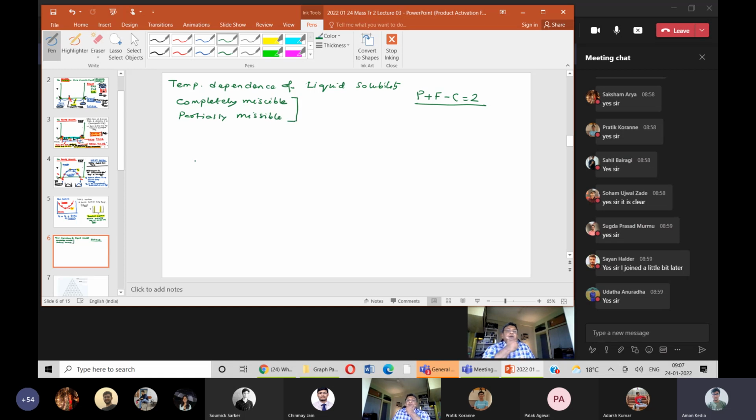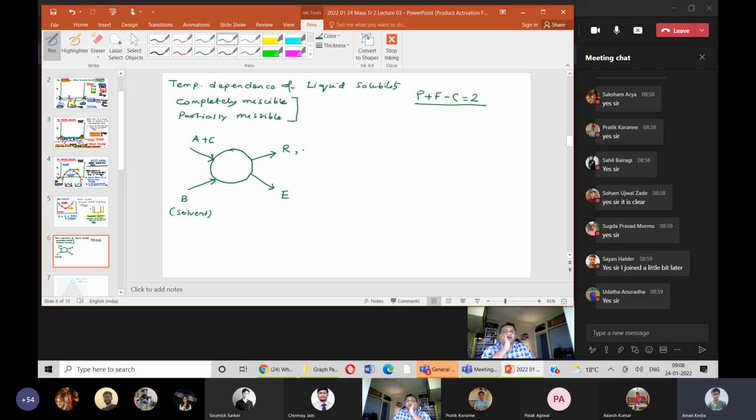Okay, now if we go back to extraction, so here is the feed. B is the solvent. And here you have the raffinate. And here you have the extract, right?